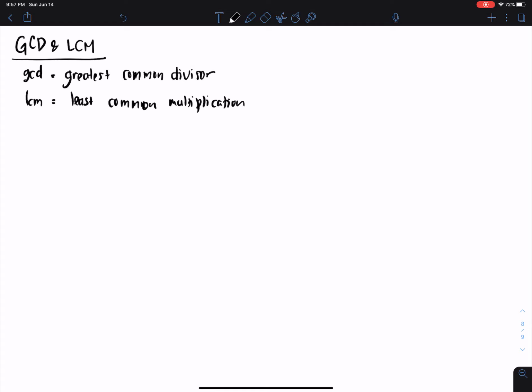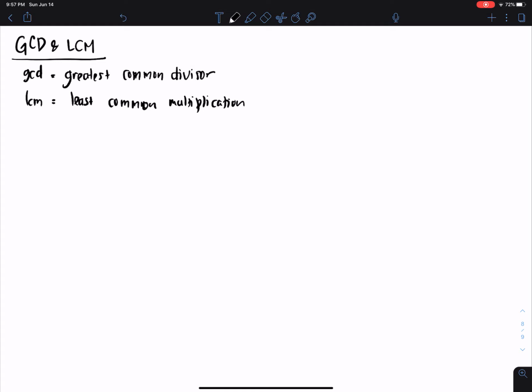Alright, in this section I'm going to show you first how to find the GCD between numbers by making use of prime factorizations, and after that we are going to see how to find the GCD of a few numbers by using the Euclidean algorithm.